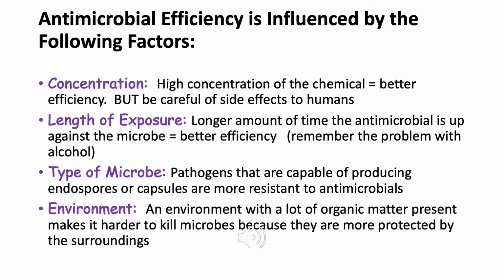So an environment with a lot of organic matter makes it harder to kill the microbes because they're more protected by the surroundings. So in a medical setting, things like vomit, pus, blood, all that kind of gross stuff is a good environment for bacteria because all that organic matter is surrounding the bacteria and helping to protect it.